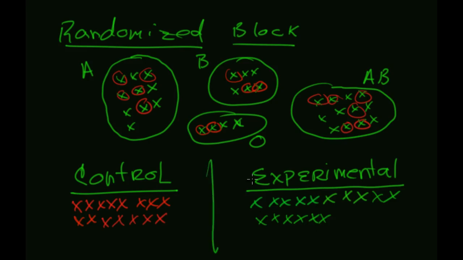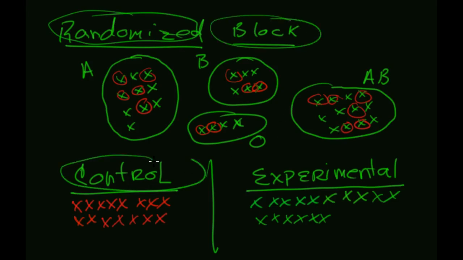So now I have randomization, but I've done it over blocks so that I'm now controlling for blood type. So if blood type is going to have a different effect, I now have an experimental group that is guaranteed to have each of the blood types and a control group that's guaranteed to have each of the blood types. So this is a randomized block design.